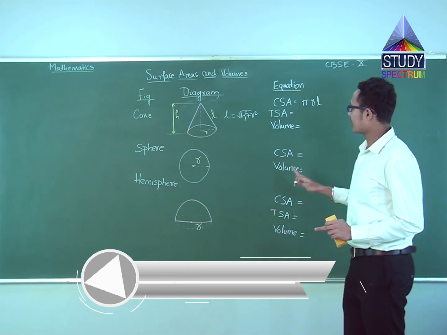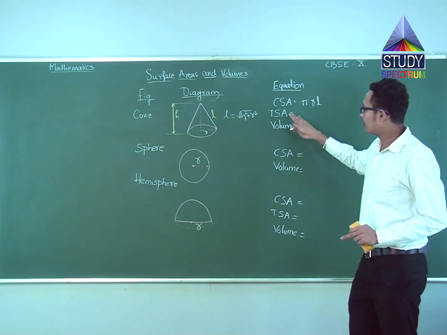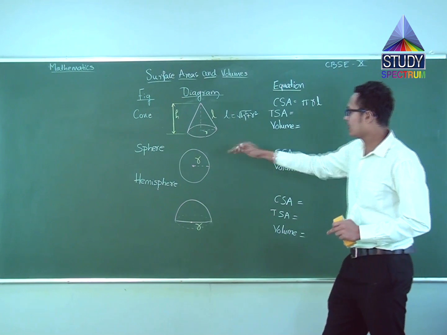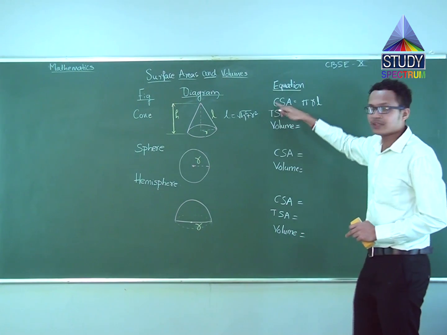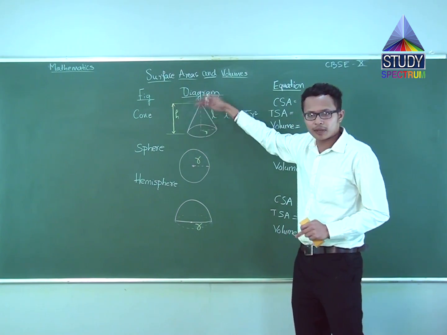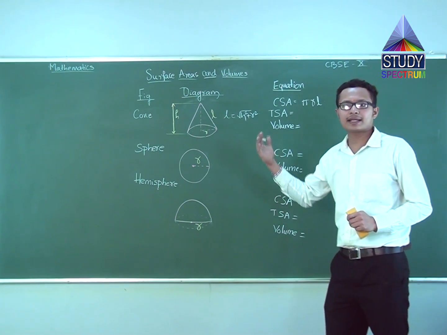And the total surface area comes from the curved surface area, but in addition to the curved surface area, we add the base or the bottom. In the previous case, we imagined that there was no surface supporting this upper figure. We just assumed that it was hollow, or rather it was just like a cap.